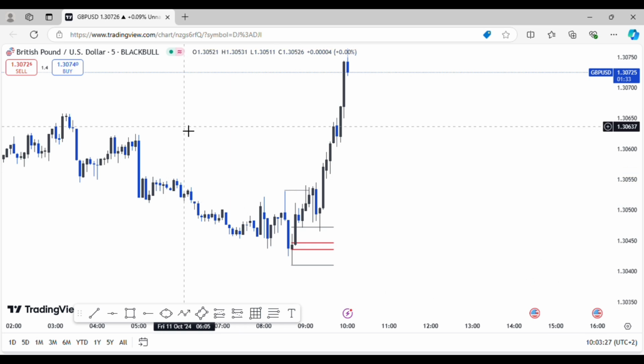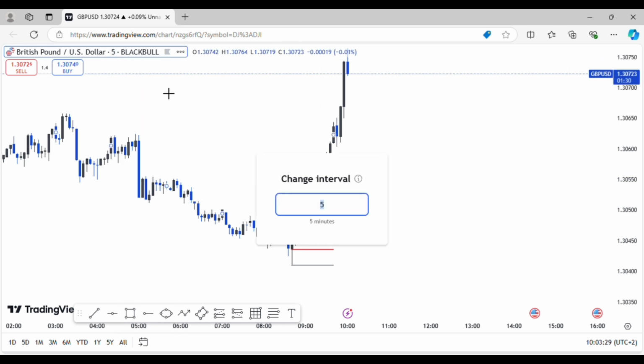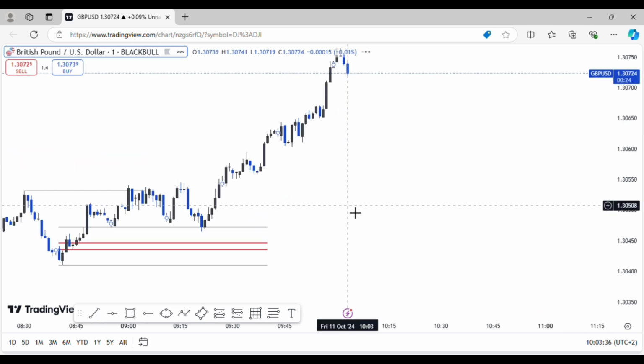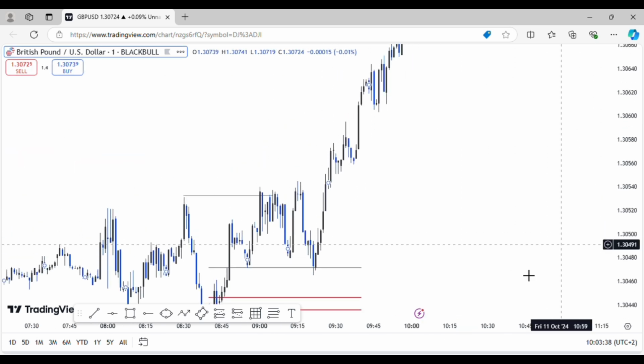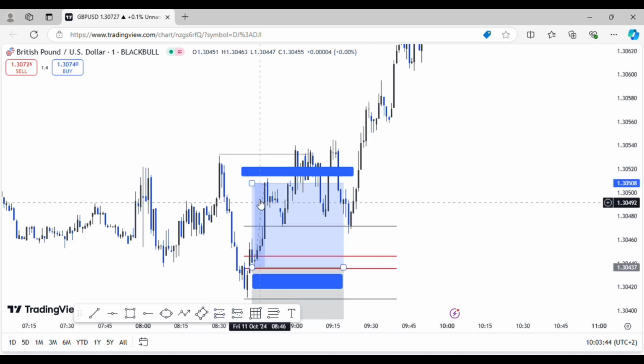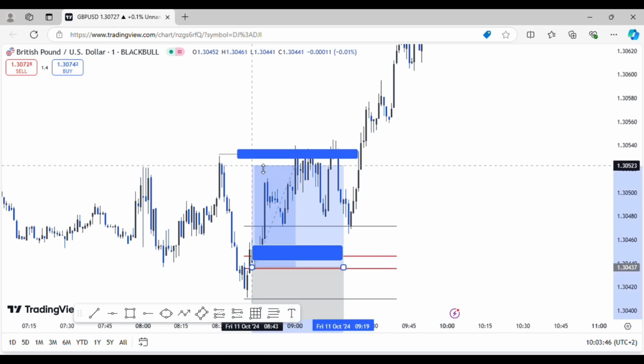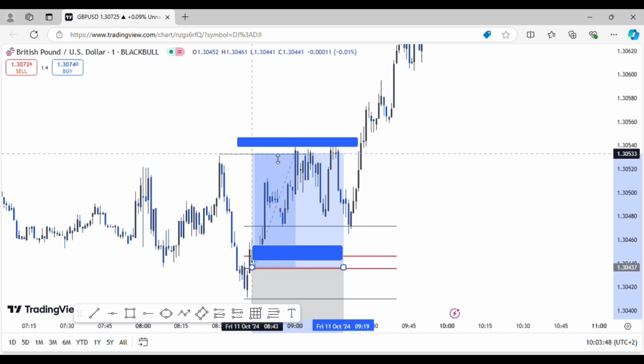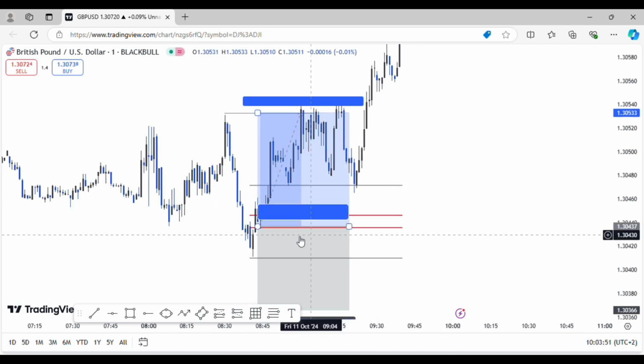Let me just move to my 1-minute chart to verify that. So you can see that the market came to that zone there, and simply my trades were taken to that high there. My TP was smashed, understand.